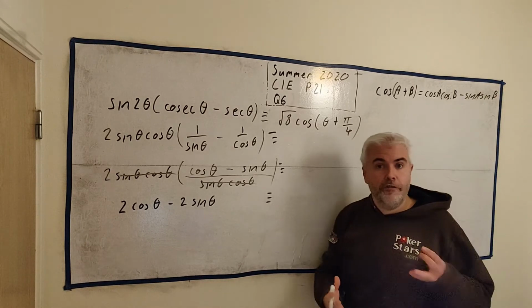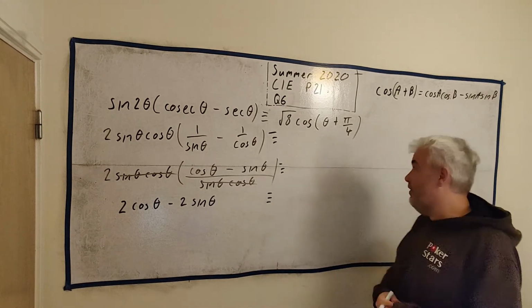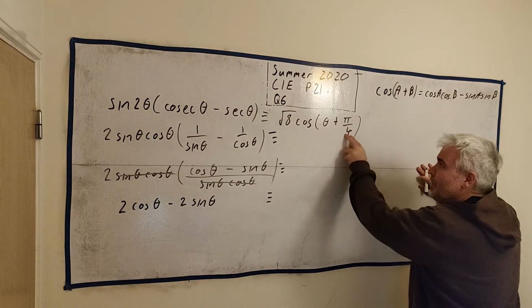It should be in your own formula tables if you have one. They're given to you in the back of an exam. So I'm just going to use this information here because this is just A and B.